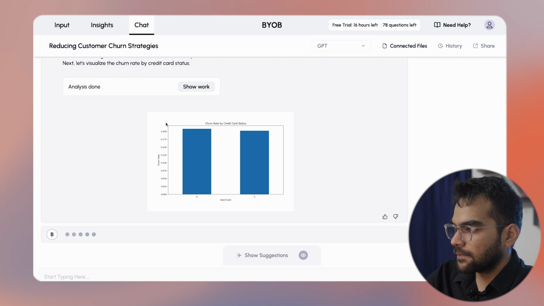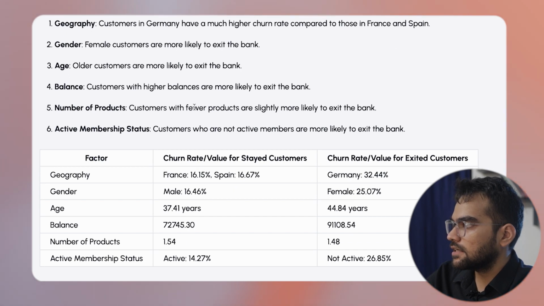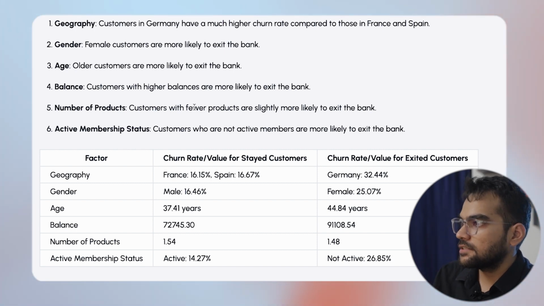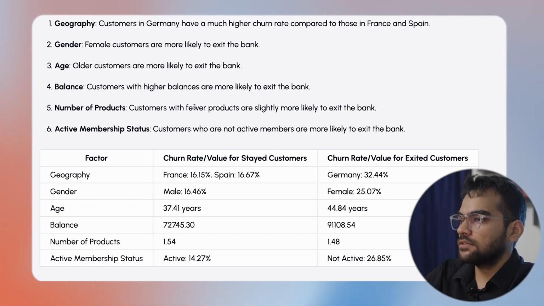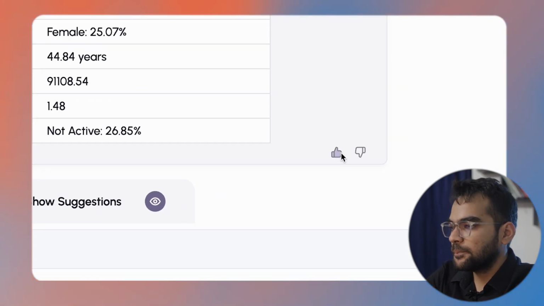Once the analysis is complete, it has some information for us about geography, gender, age, balance, and so on. So this is how you can use BYOB to identify churn. Let me just give BYOB a like for this.